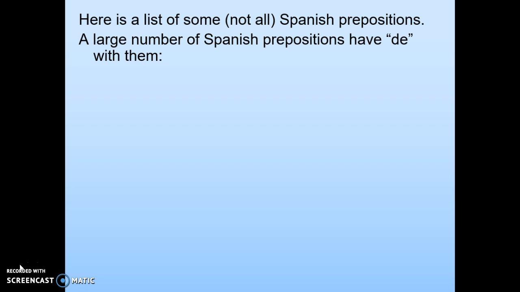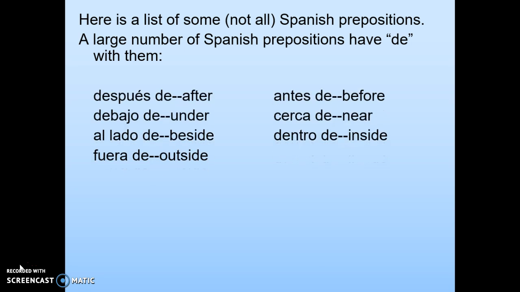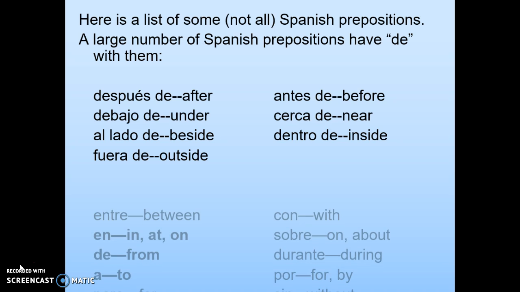Just know that this is more than likely a preposition, and they function the same as they do in English. Okay? So después de means after, debajo de under, al lado de beside, fuera de outside, antes de before, cerca de near, dentro de inside.